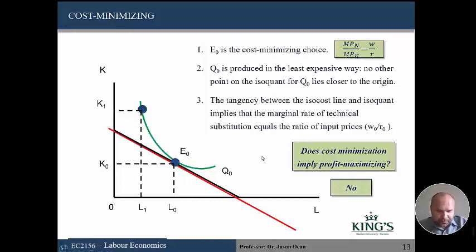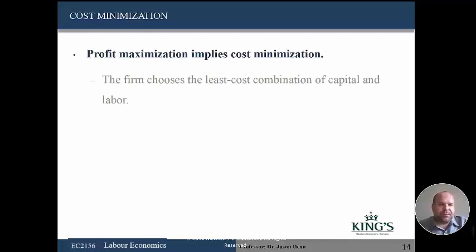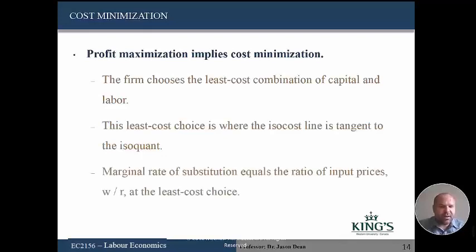So no, but profit maximization does imply cost minimization. The firm chooses the least cost combination of capital and labor. This is where the ISO cost line is tangent to the isoquant. So this is also where the marginal rate of substitution equals the ratio of input prices, W over R, at the least cost choice.